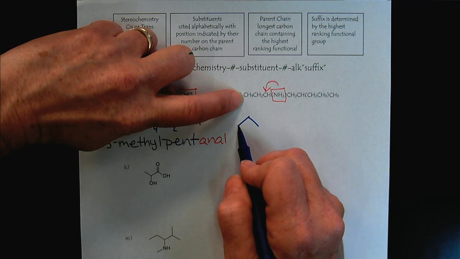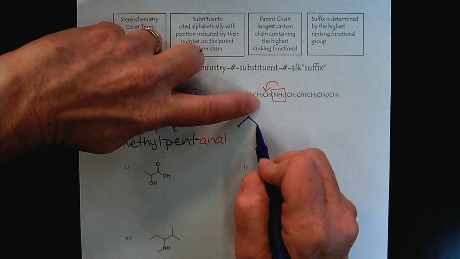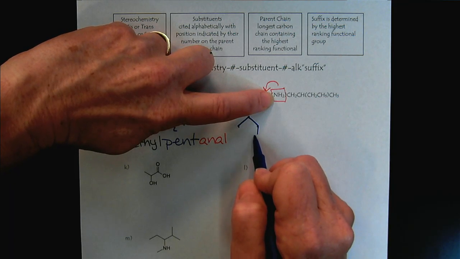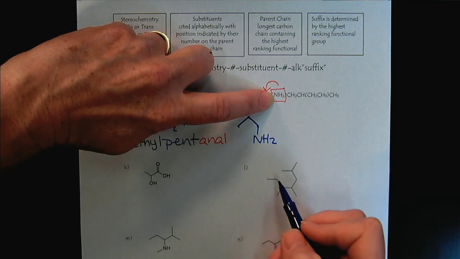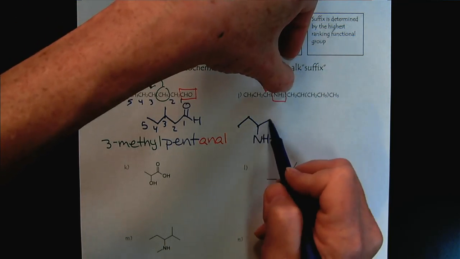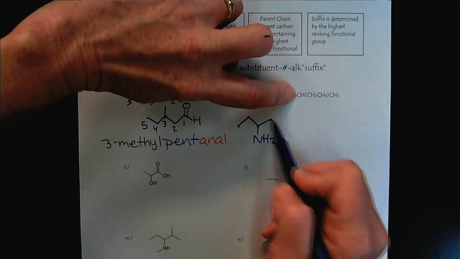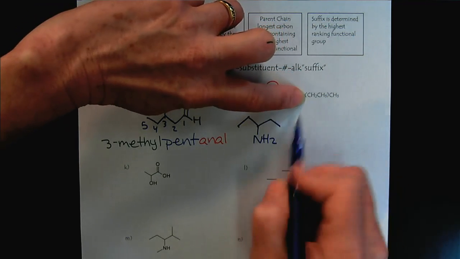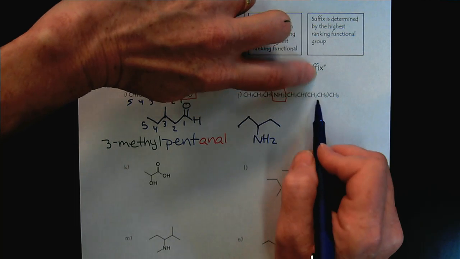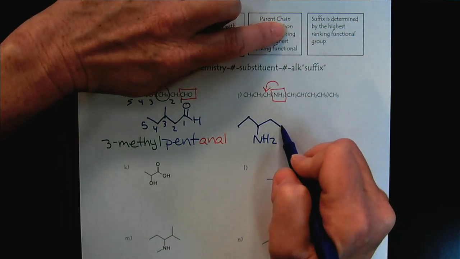So the first carbon, the second carbon, the third carbon. We recognize the third carbon has the amine coming off. And now we have another CH2 group, and then we have a CH. And notice this CH group has CH2CH3.